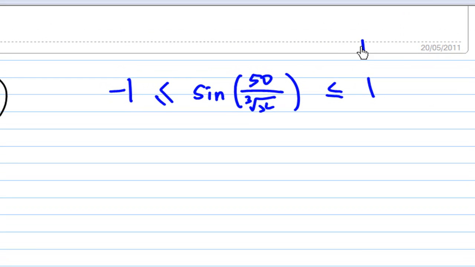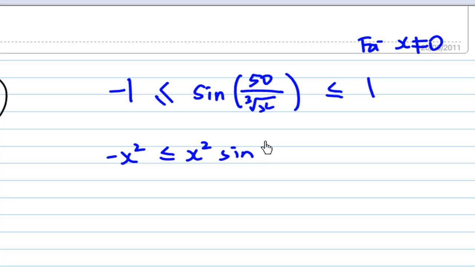Now, if I multiply the inequality everywhere by x squared, since x squared is non-negative, the inequality will remain the same.